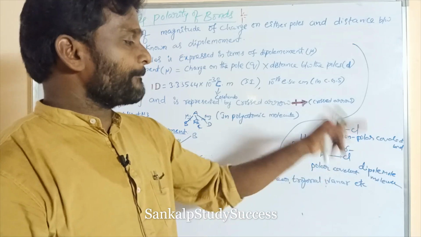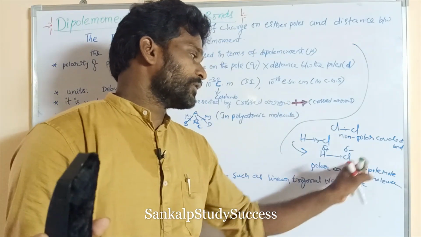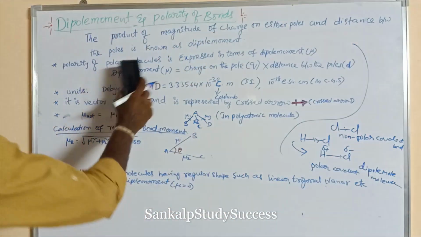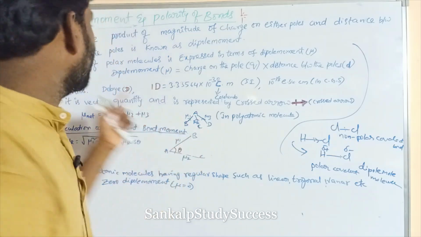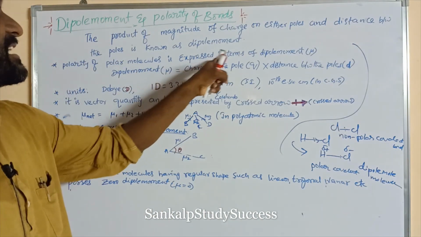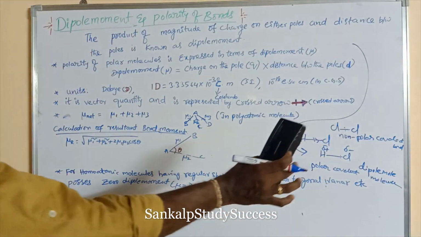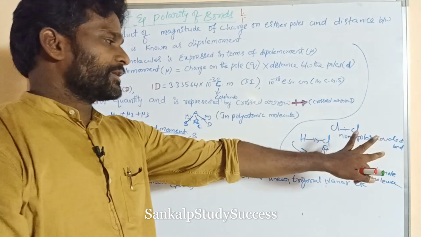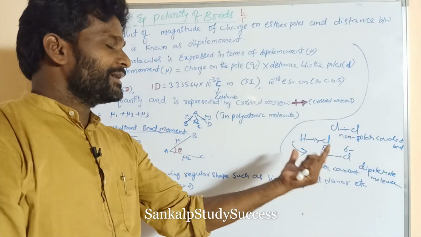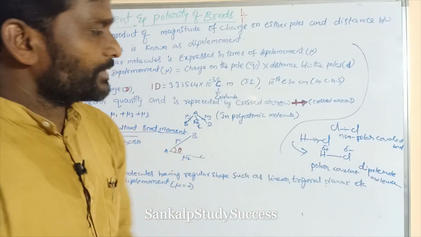The polarity of a polar covalent bond is expressed in terms of dipole moment. The polarity of a polar molecule is expressed in terms of dipole moment. So we know polarity, polar molecule, polar covalent molecule, non-polar covalent molecule. A molecule having charges on its ends is said to be a polar covalent molecule.